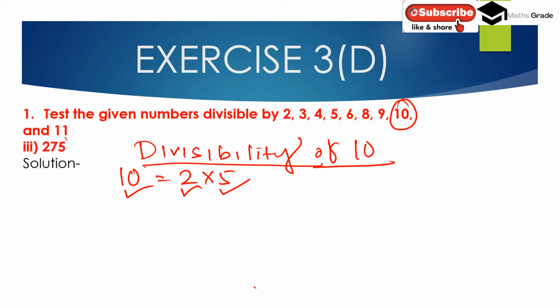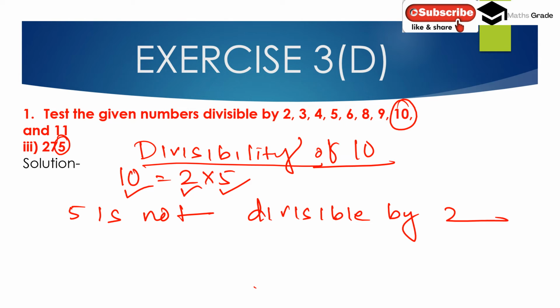Your last digit, that is the unit place digit, is 5, and 5 is not divisible by 2. So this number 275 is not divisible by 2.